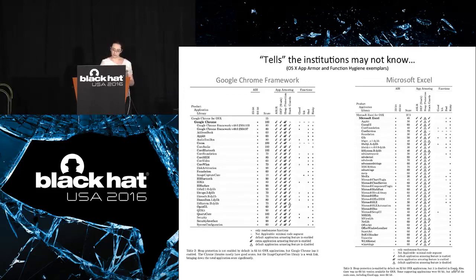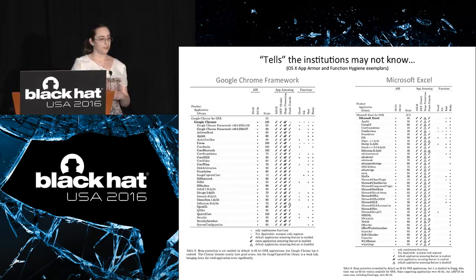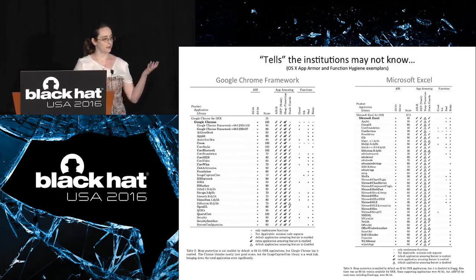But then on the other hand, while Google Chrome has more of those good functions that we mentioned earlier, they're almost always side by side with the bad and risky brothers. You have the strlcpy, but you also have the strncpy and the strcpy all in the same binary. And what that means is that there's no consistent use of the good functions, which partially defeats the purpose.